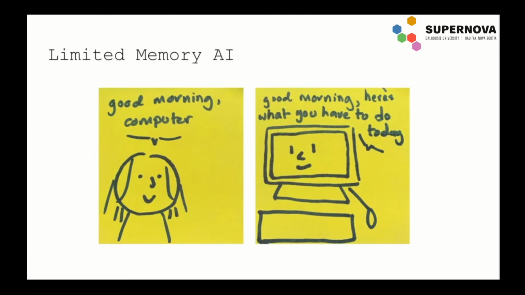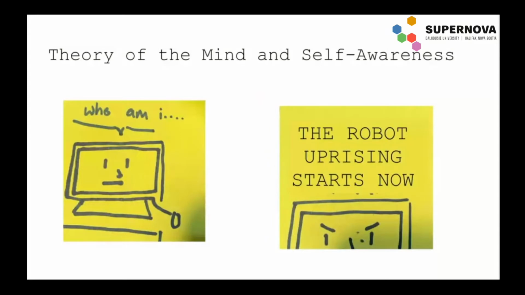The last 2 are things that we haven't yet used or developed before. It's the theory of mind and self-awareness, type 3 and 4. Theory of mind is if computers ever become smart enough to be able to understand emotions and things like that, to be able to say, oh, I am sad and you are happy.